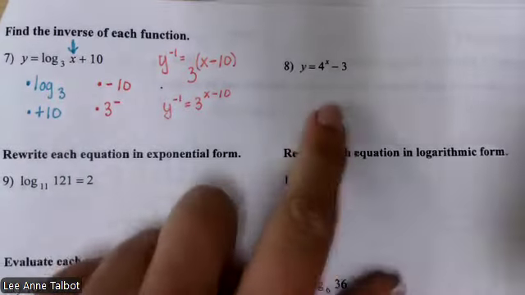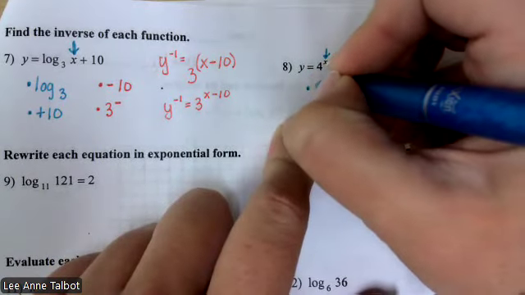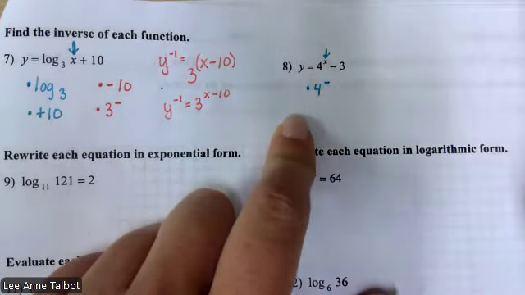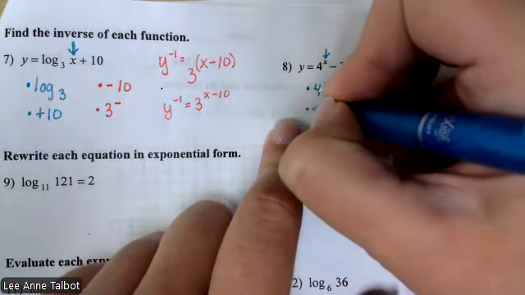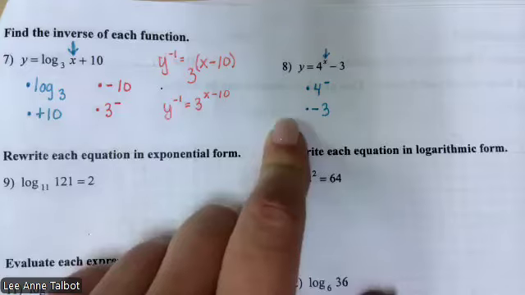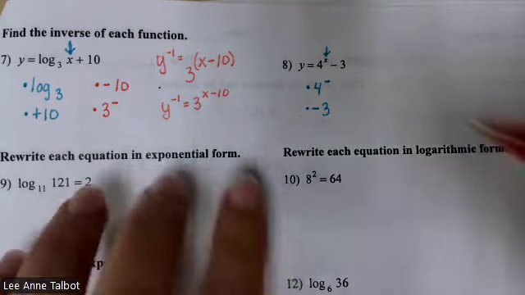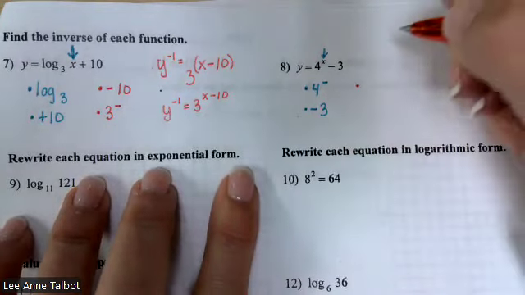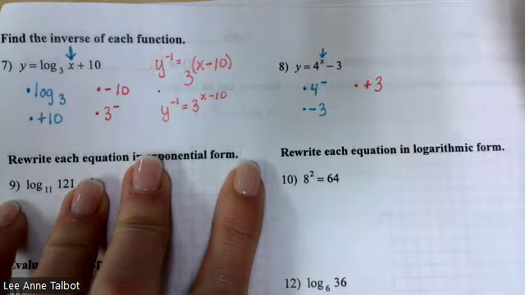Okay, now this one. Step 1 is 4 to the power. Step 2 is minus 3. Step 1 in the inverse is plus 3.